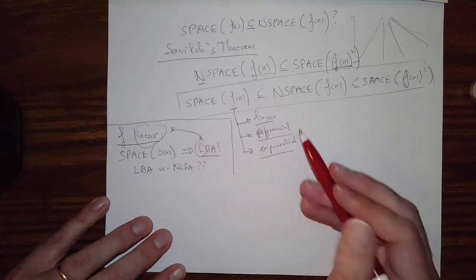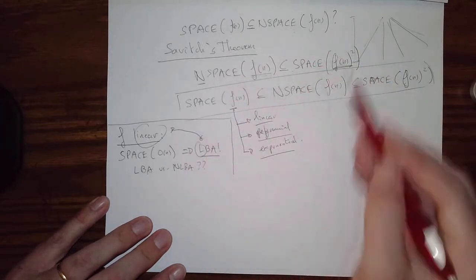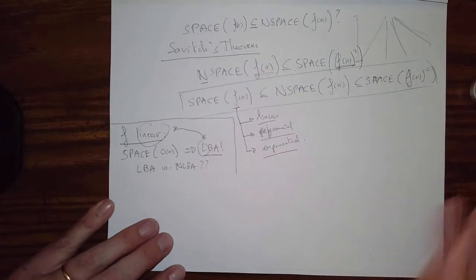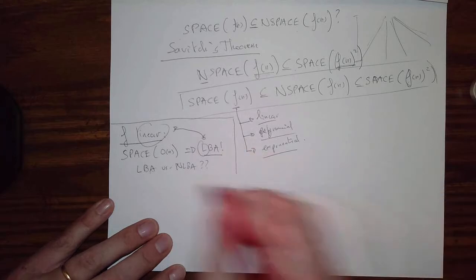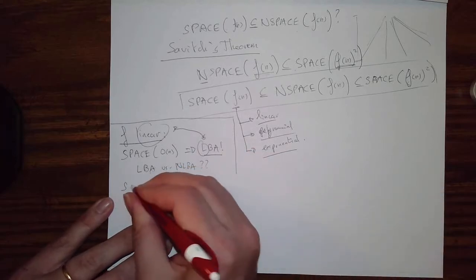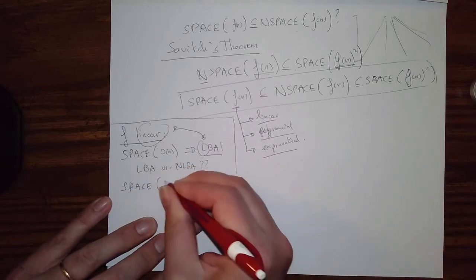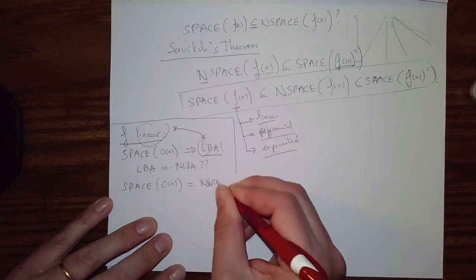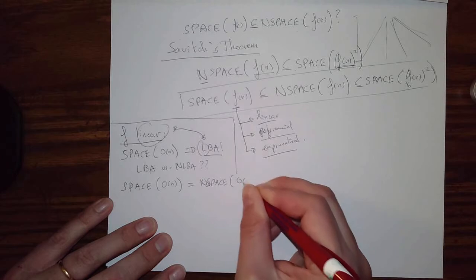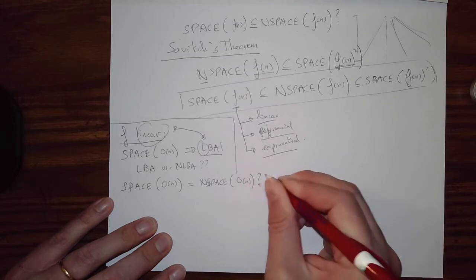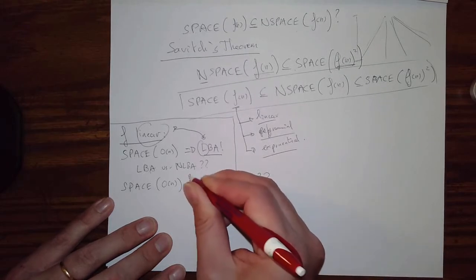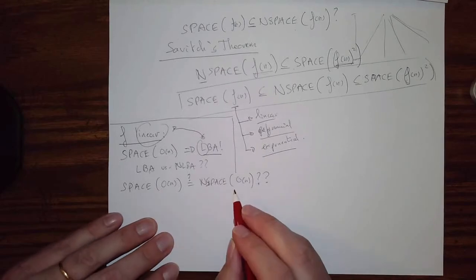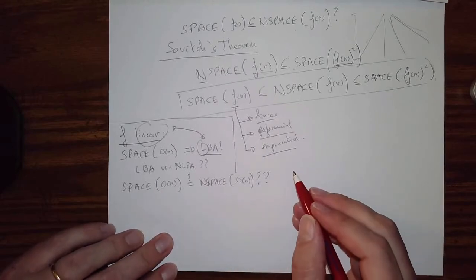Well, this question can also be written in our new terminology as: do we have the following equality? SPACE of O of n equal NSPACE of O of n? And I'm putting a question mark here to make sure that we don't know the answer. It's yet to be proven.